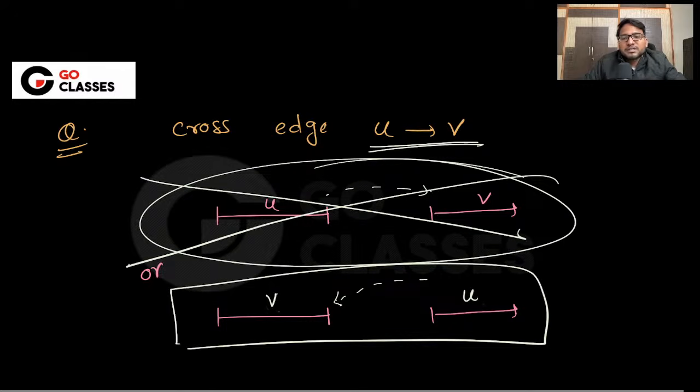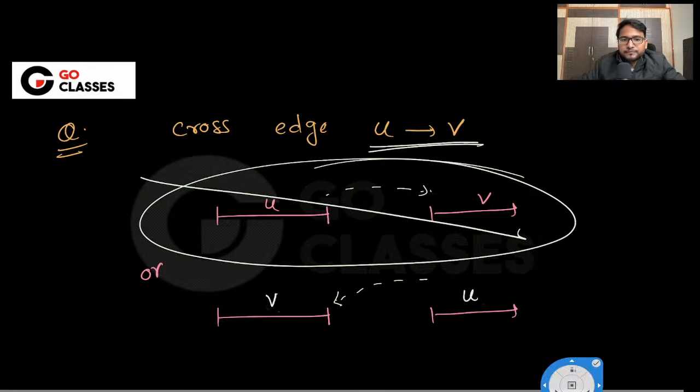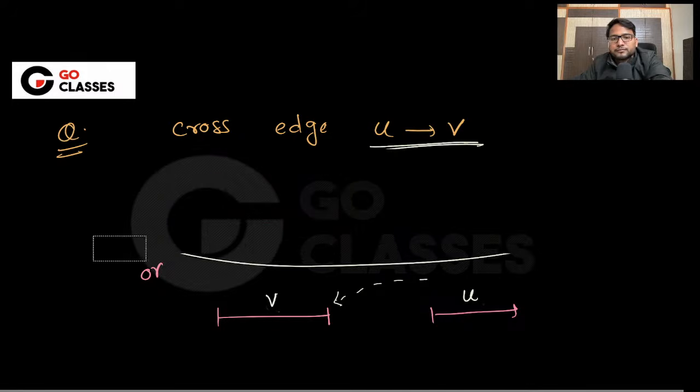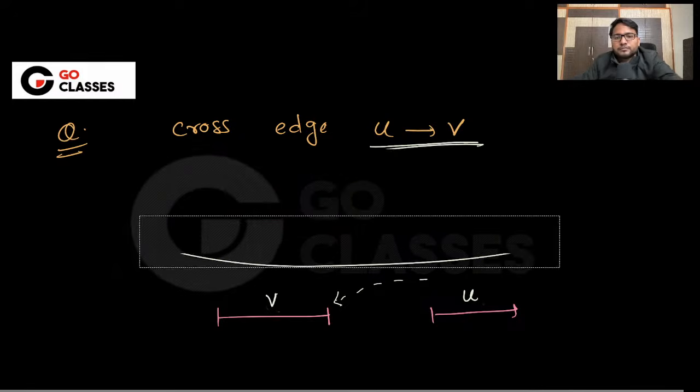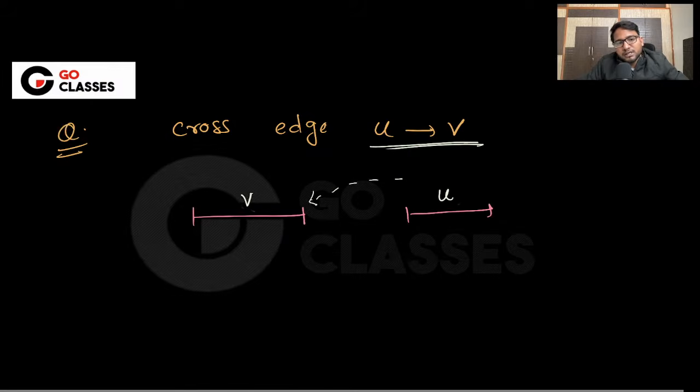So if someone says cross edge, then we will make the parenthesis like this. If U and V is a cross edge, then this must be the relationship: you must start it, finish it, start it, finish it.